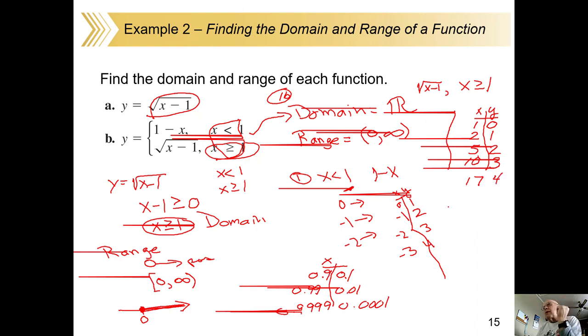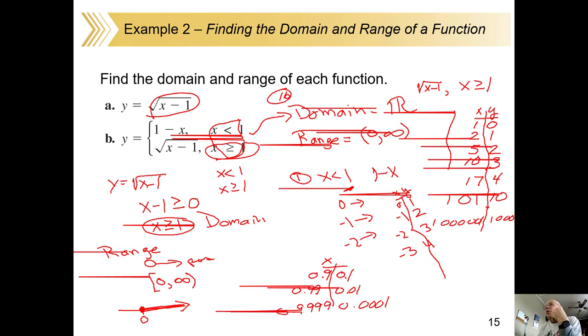Can you see what's happening? If I put 101 in for x, what do I get? 101 minus 1 is 100. Square root of that, 10. If I put this number in, subtract 1, take the square root, I've got 1,000. I think you can see what's happening.